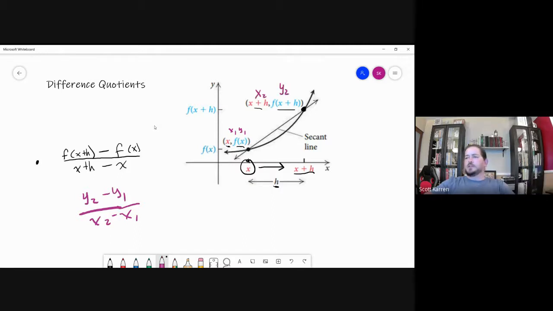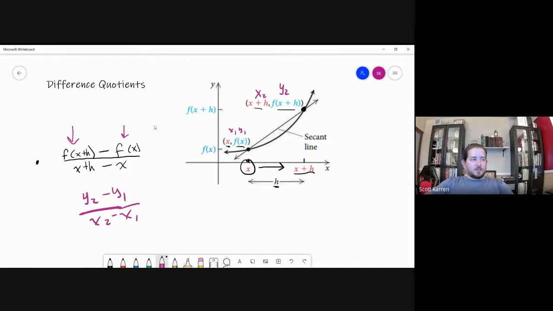It gets rid of this notion of a second x and a second y, and it just turns it into specifically this far away, or h units away from my first x is my second one, right? But y2 is this f of x plus h, so that goes there. Minus y1 was the original f of x, and then my x2 was x plus h minus my original x, which was just x.